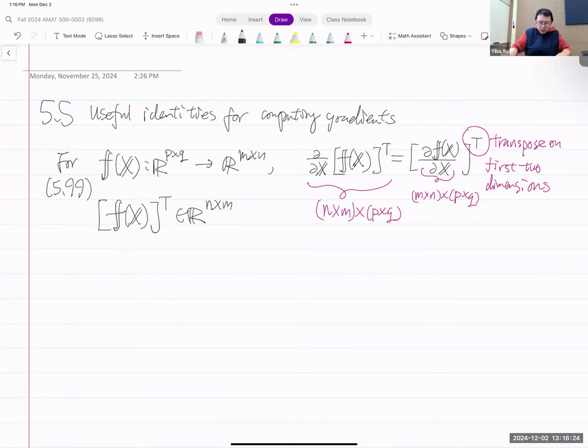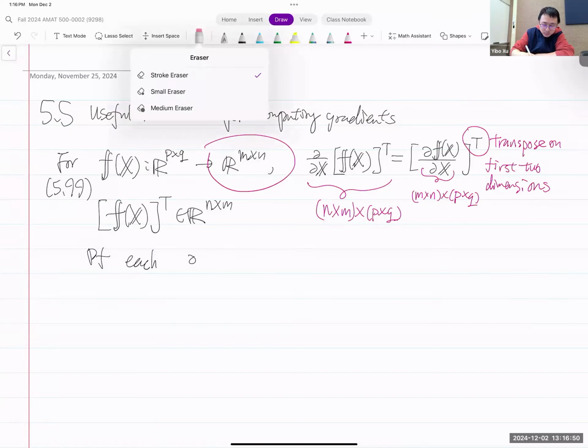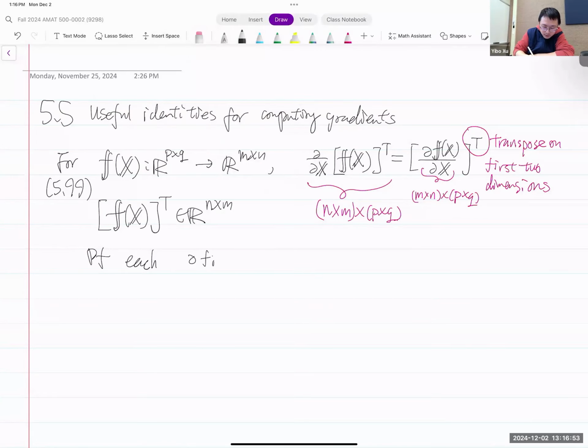So now let's quickly do a short proof. This is relatively simple, so we can do it through the definition. Just think about each of these partials. We have a matrix output of n by n, so every entry is going to be a scalar. So for the partial derivative of f sub ij, taking the partial with respect to the entire matrix input, this is going to be 1 by p by q.